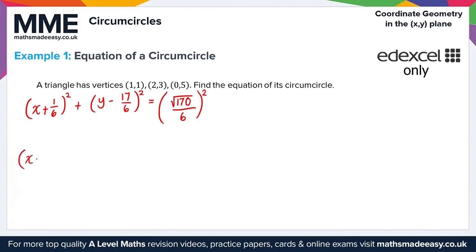So that's x plus 1 over 6 all squared plus y minus 17 over 6 all squared. And in this case then, the square root of 170 squared, that would give us 170, and 6 squared will give us 36. So we get 170 over 36 there. Okay. And that gives us the solution there to example 1 on circumcircles.